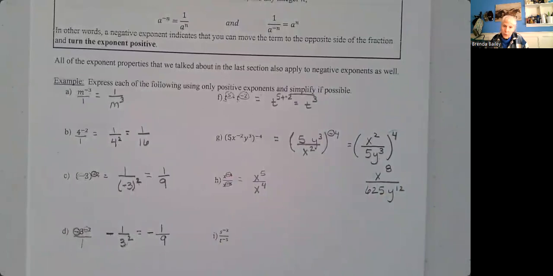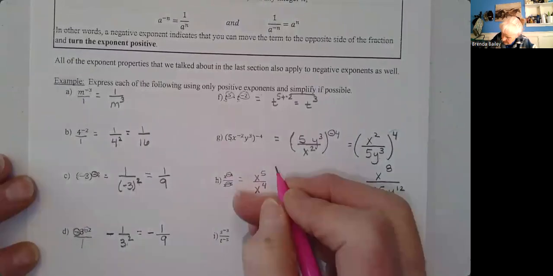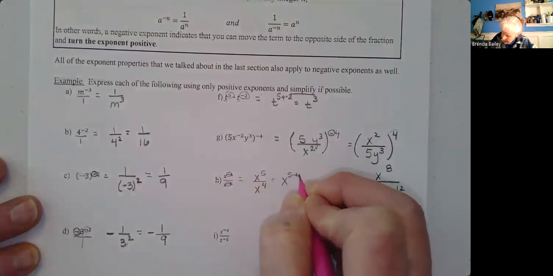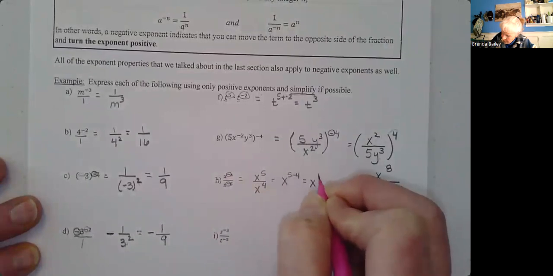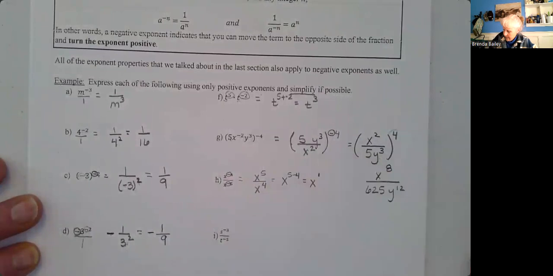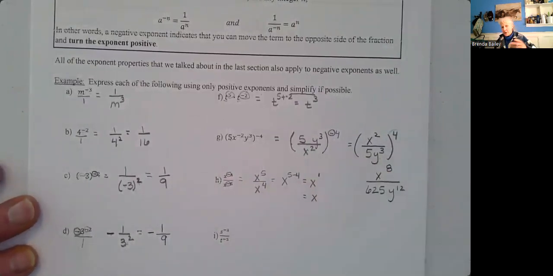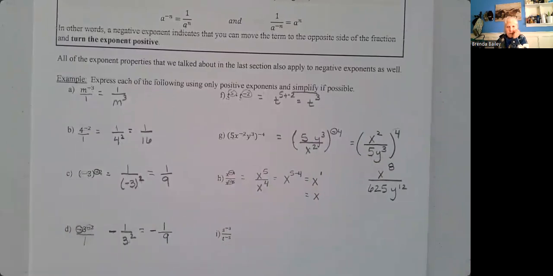And now we'll use our rule of our quotient rule. 5 minus 4 is x to the 1st, or just x, because 5 minus 4 is 1. So you subtract exponents when the bases are the same, for that one right there.